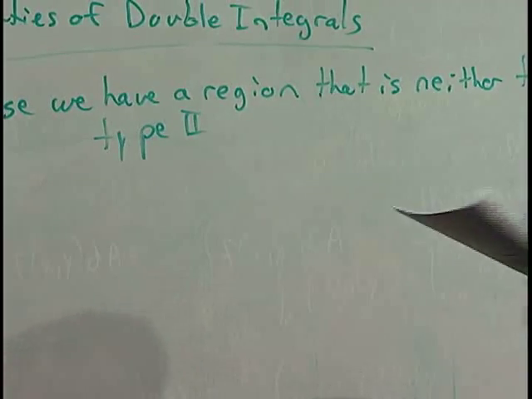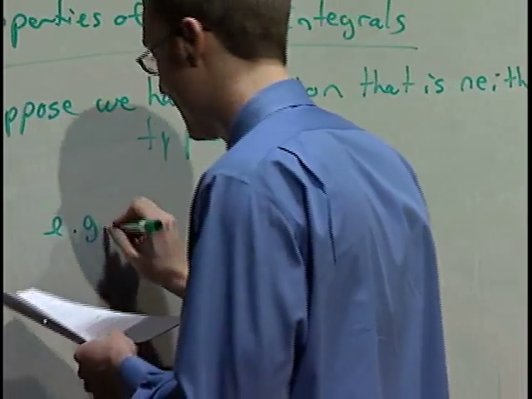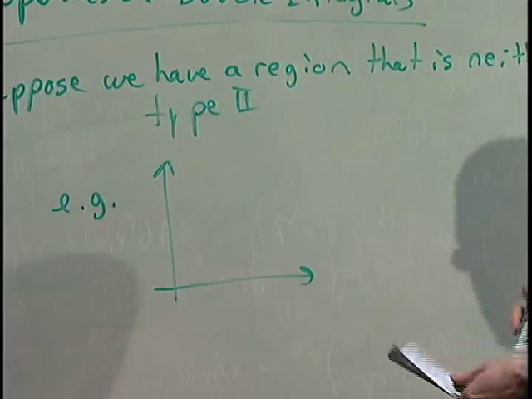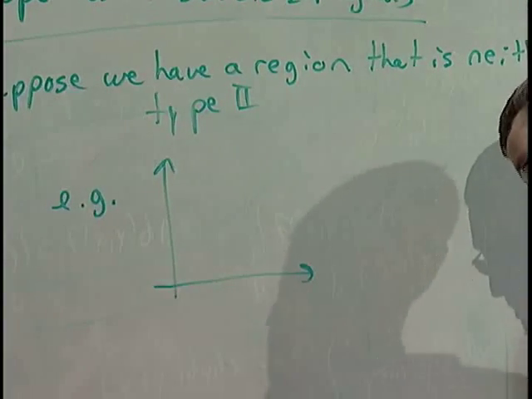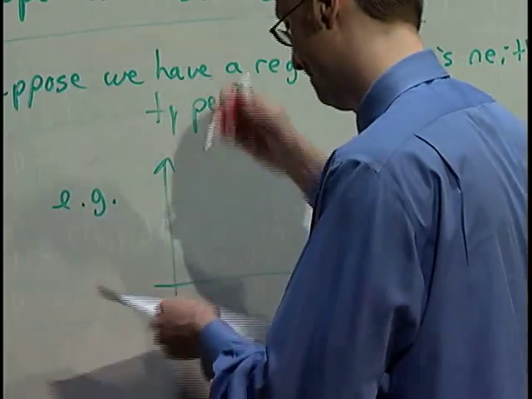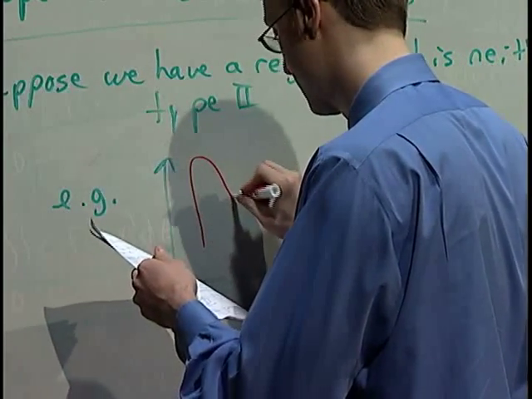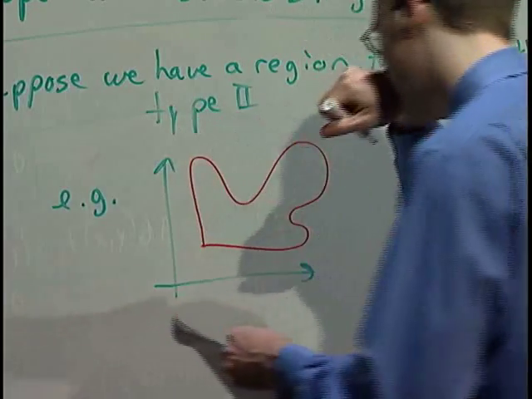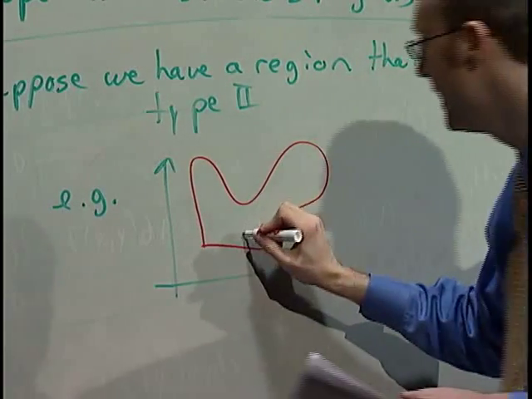So for example, suppose we had, say, this kind of funky looking region here. So let's draw this in orange. So maybe we had something that looks like that, right? So there's your region D.